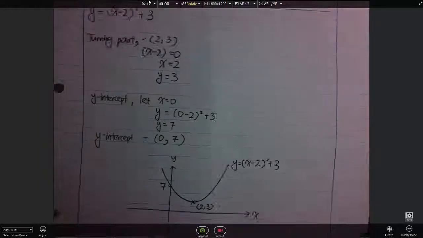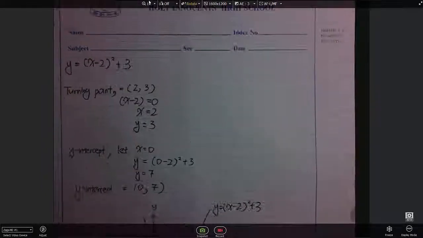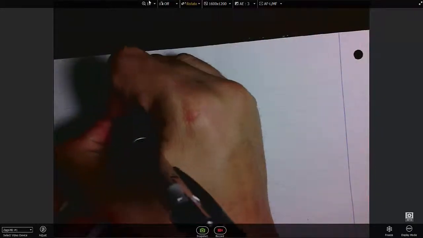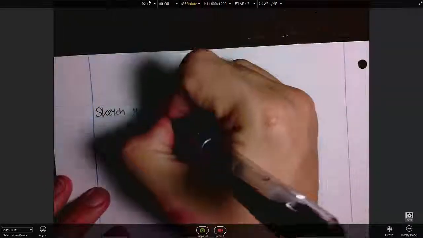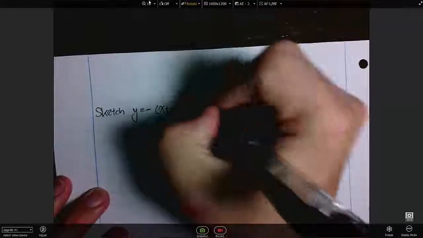Alright, I'll do one more question for you, and that will be it for the sketching of completed square form. My third example for today is to sketch y equals negative (x plus 3) squared plus 4.